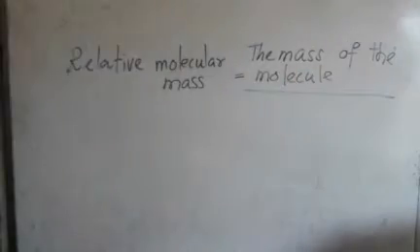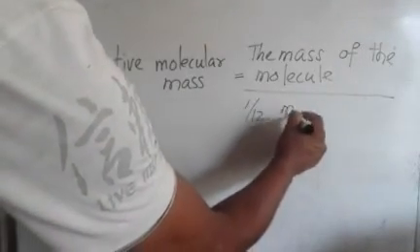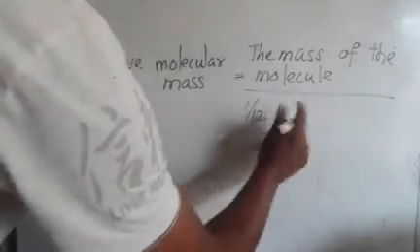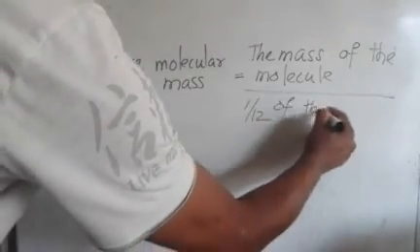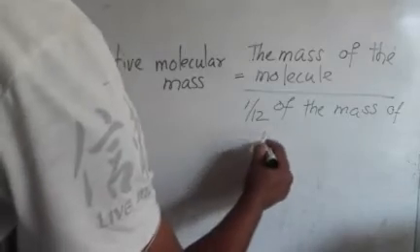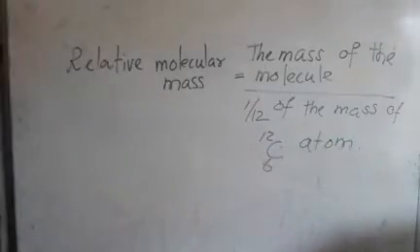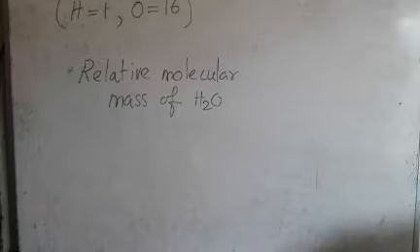The mass of the molecule is divided by the atomic mass unit, that is 1/12 of the mass of a carbon-12 atom. That's the relative molecular mass. This is how the relative molecular mass is found.